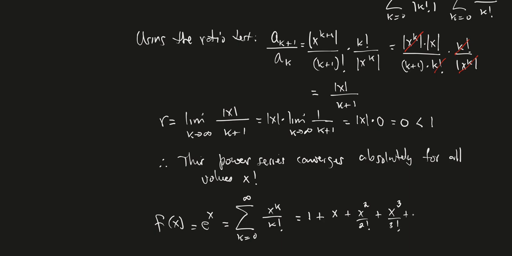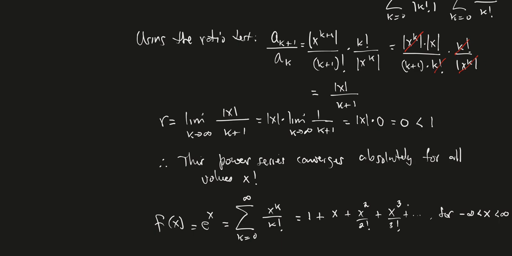And if I continue that expansion indefinitely without end, then we just used the ratio test to prove that our e to the x function can be written in this power series form, and this is for all values of x between negative and positive infinity.